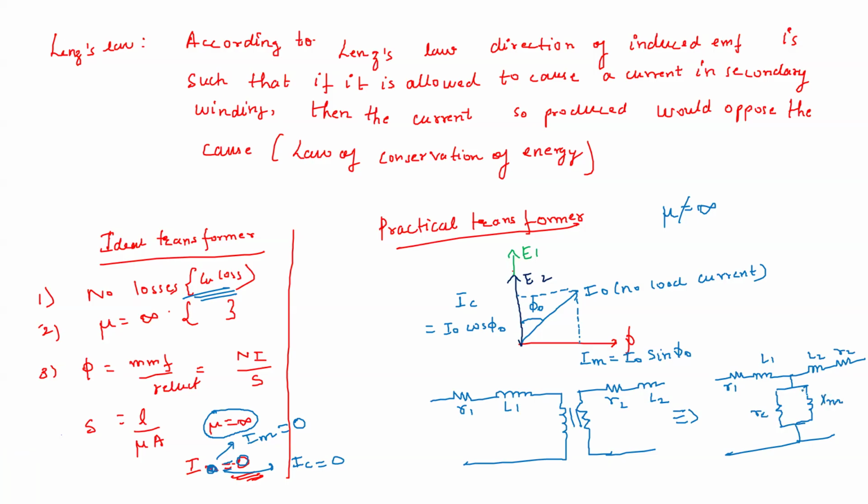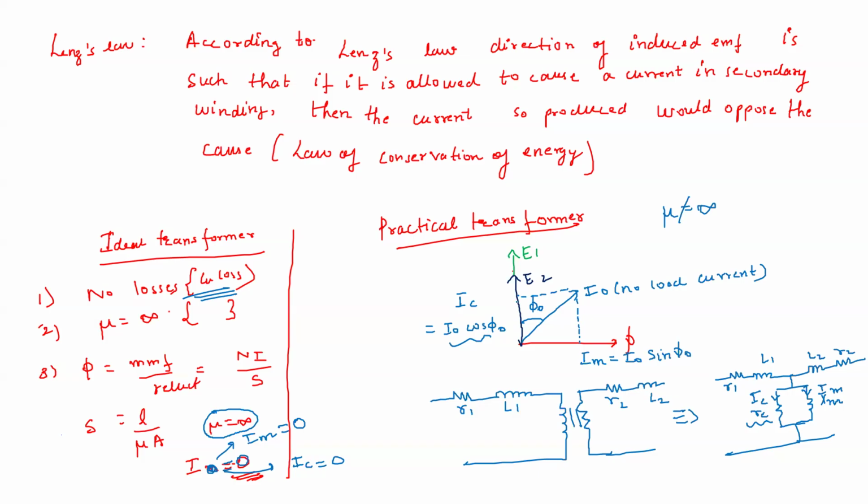Now XM has the current IM passing through it, and RC has the current IC passing through it. So this RC represents the core loss component, because core loss means magnetic losses, hysteresis loss and eddy current loss. So you know that the in-phase component causes the core loss.